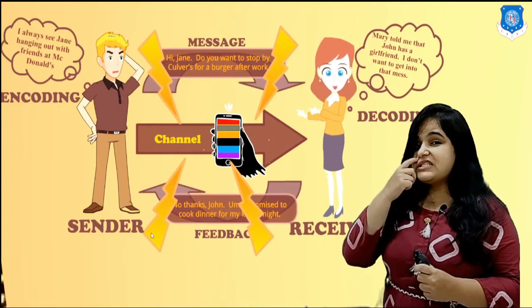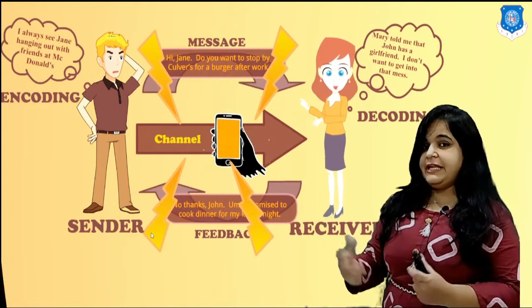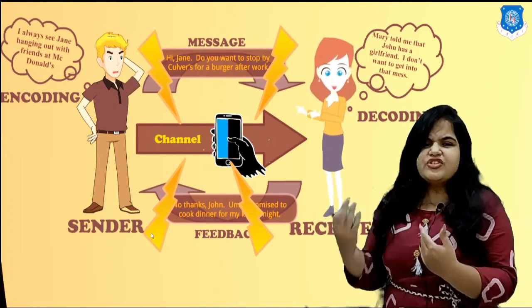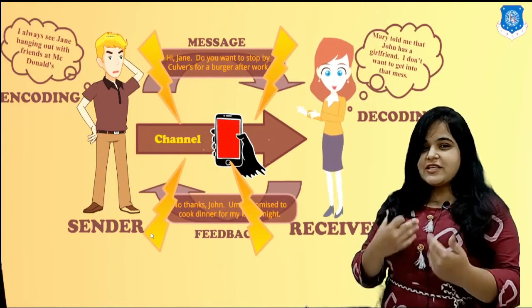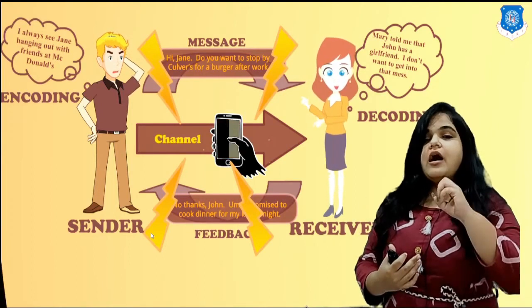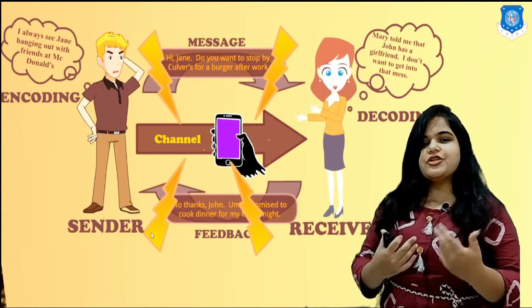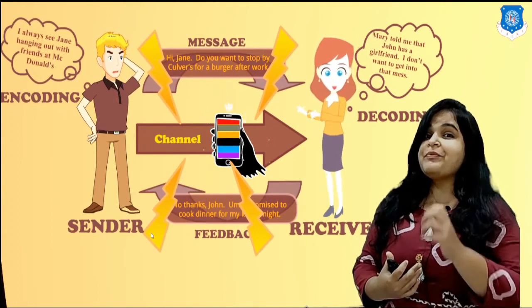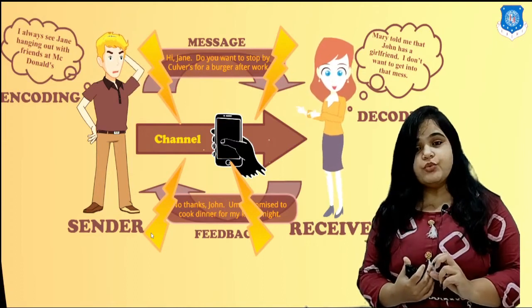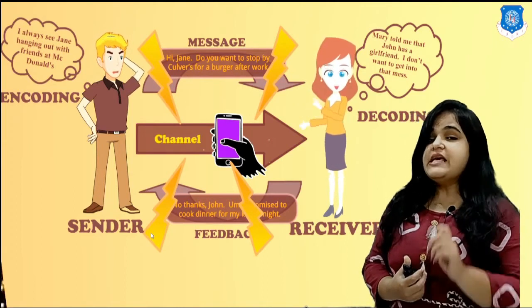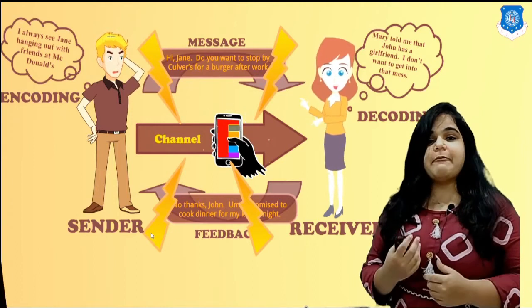There is some noise in the channel, maybe a faulty line, maybe some birds chirping, or maybe some background noise, which is causing this communication to be very disrupted. But students, there is a second type of noise too, which is known as semantic noise. Semantic noise is the grammatical noise.